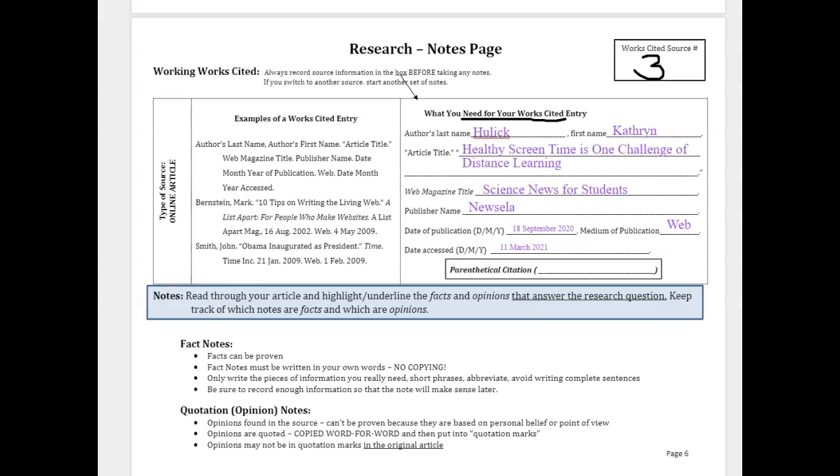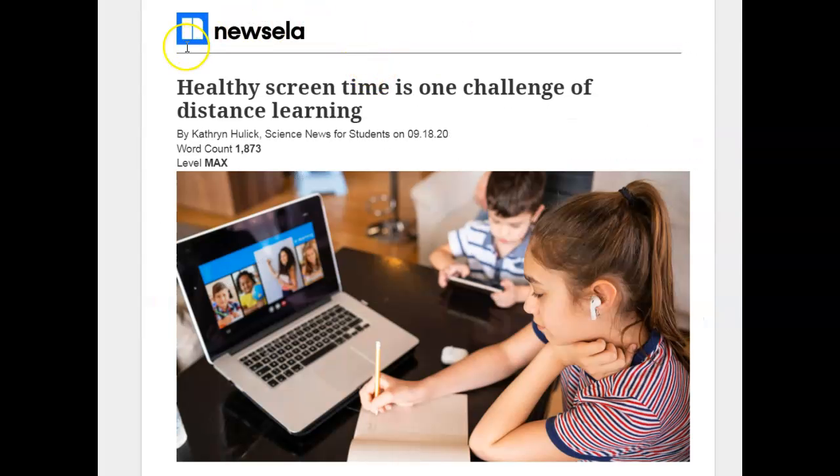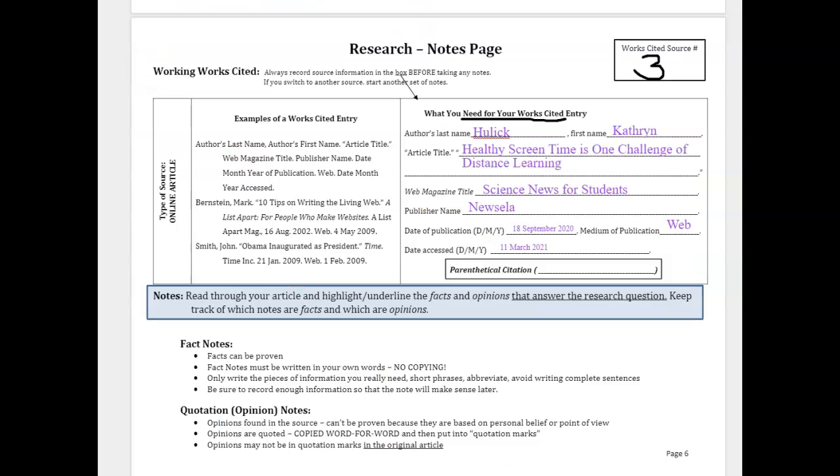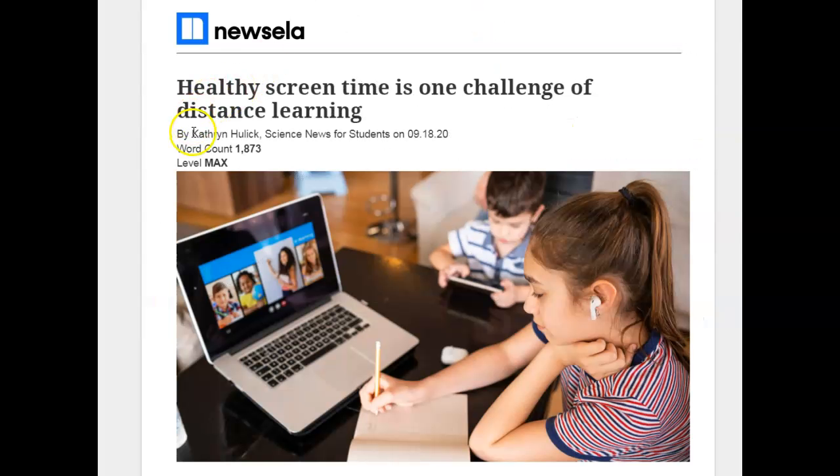Let's see how you did filling out the information for the works cited. I got all of my information basically from the top of the article, which is where you will usually find this information. I started with my author's last name and then my author's first name, making sure I capitalized them and spelled them correctly.